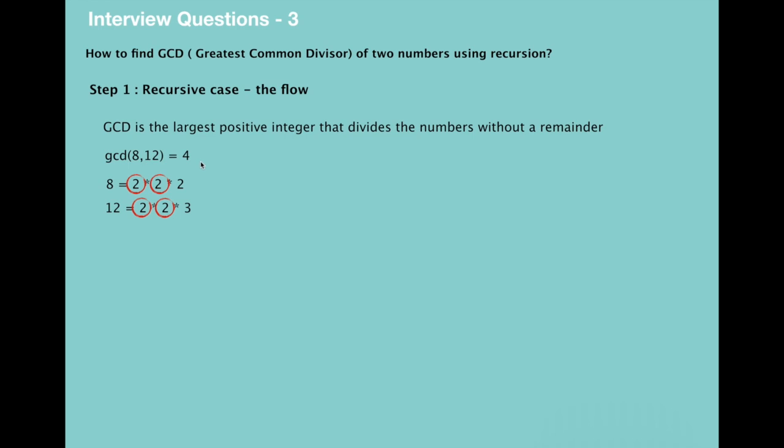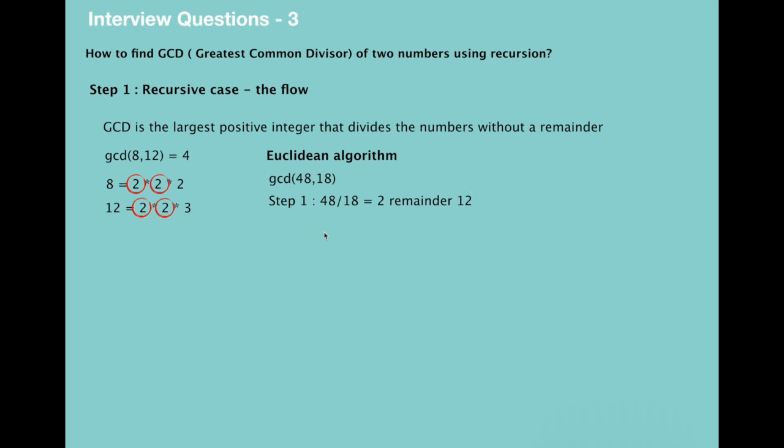Another method of calculating the greatest common divisor is the Euclidean algorithm. This algorithm uses the division algorithm in combination with the observation that the GCD of two numbers also divides their difference. So according to the Euclidean algorithm, when we find the GCD of 48 and 18, the first step is to divide 48 by 18, and the result is 2, and the remainder is 12.